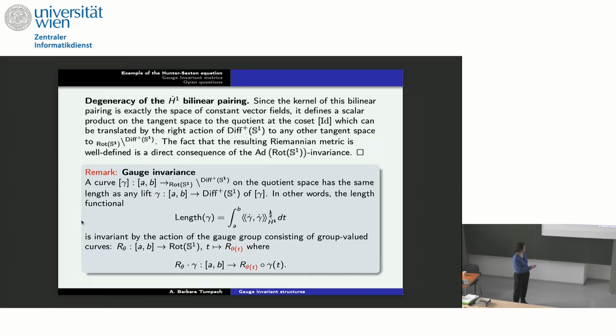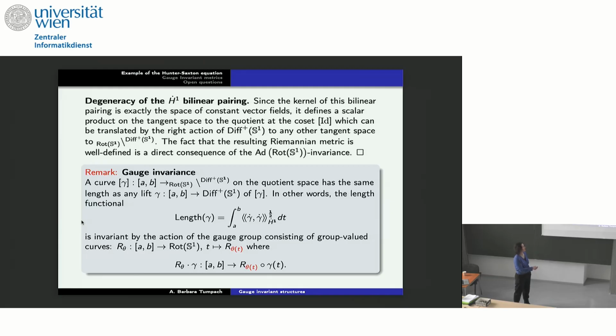So there will be two terms in the velocity of this path. One will come from the differentiation of the rotation with respect to time, and the other one will come from the rotation applied to the derivative of the curve we started with.